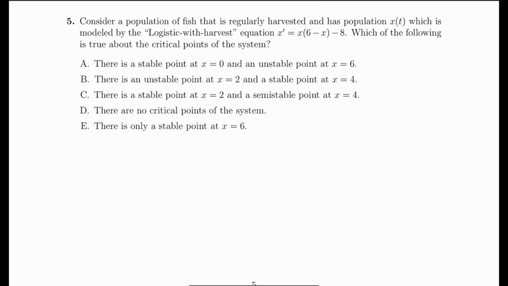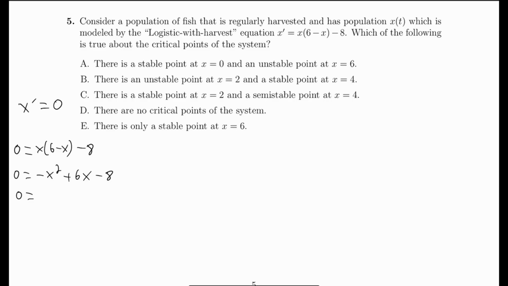In order to do that, we need to find all of our critical points. Remember, a critical point is when x prime is equal to 0. So we can set our differential equation here, this side equal to 0. 0 equals x times 6 minus x minus 8. Distributing that out, 0 equals negative x squared plus 6x minus 8.